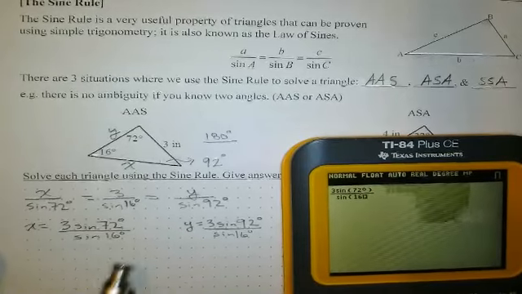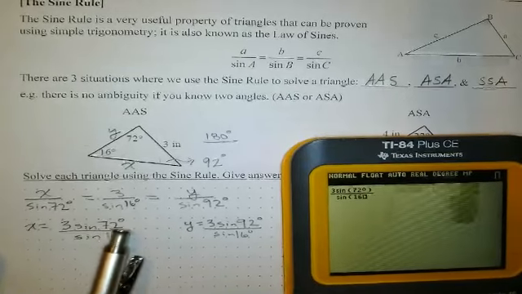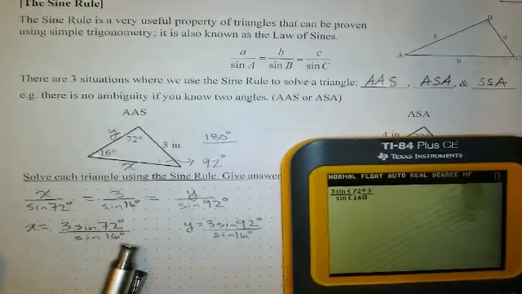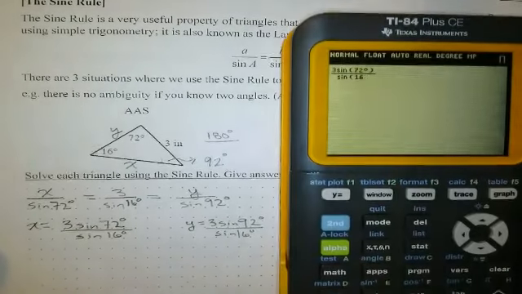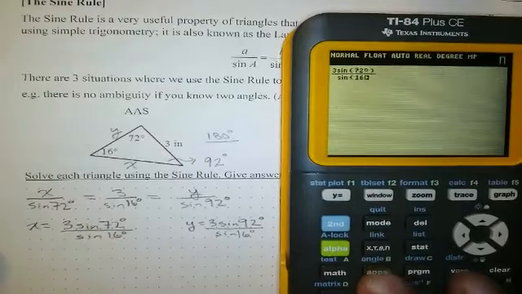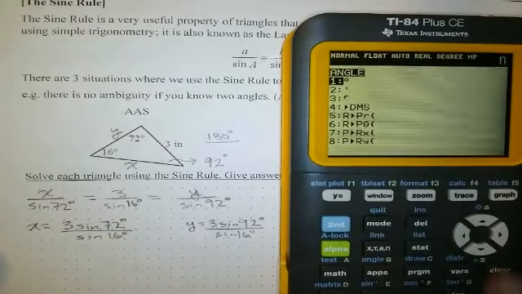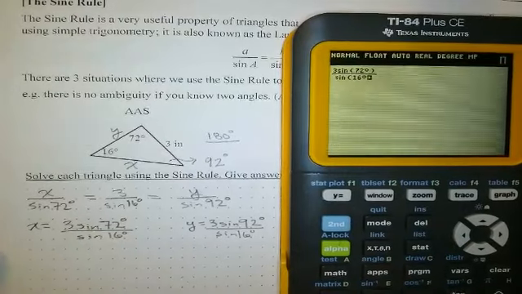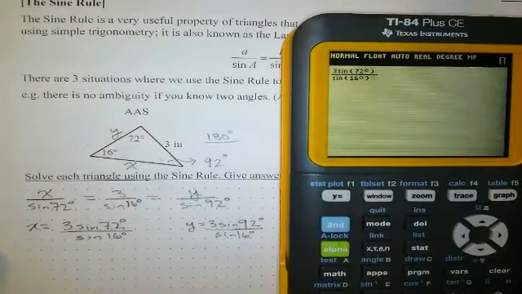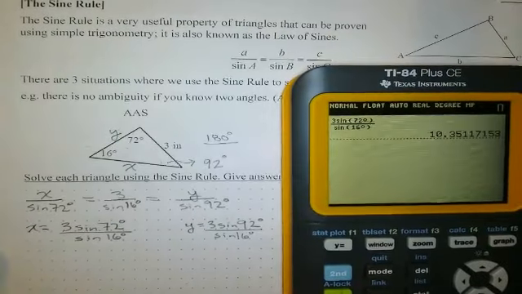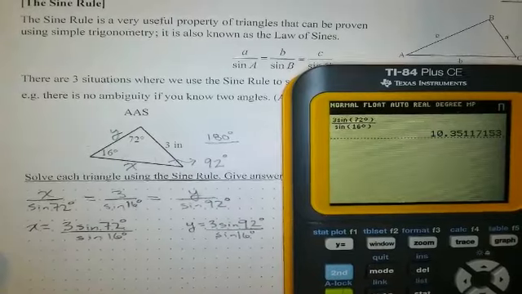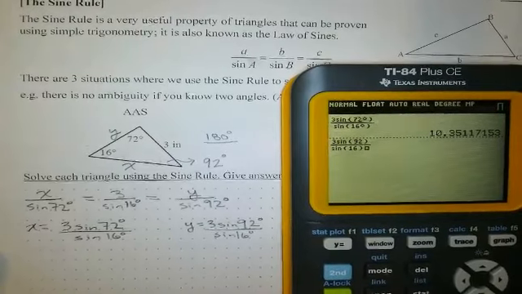So I can enter in the information into my calculator, 3 sine 72 degrees divided by the sine of 16 degrees. And where I get that degree symbol, I'm going to hit the second key and apps, and there's my degree symbol. Always good practice to use that degree symbol. So I put that in. There I have my value for x, and I can do similar to find my value for y.